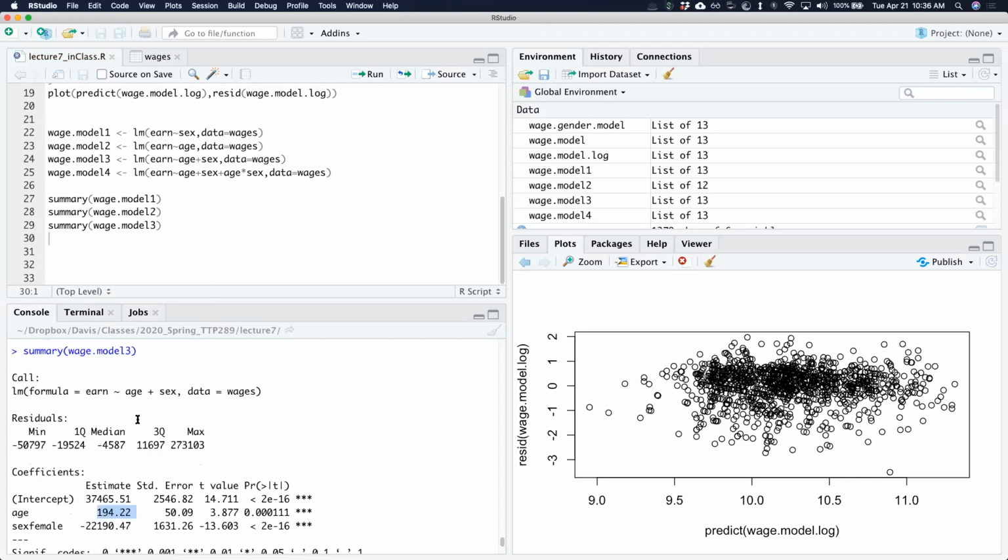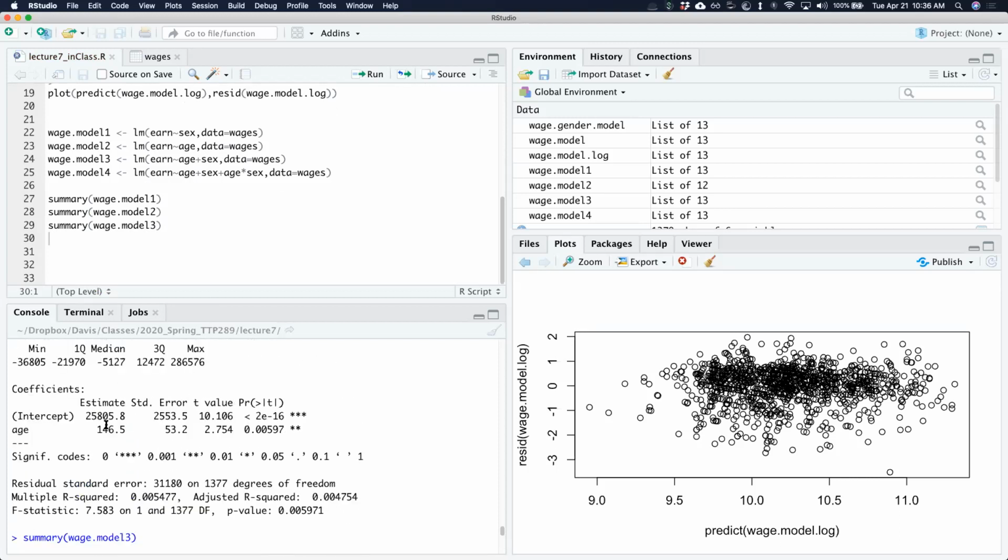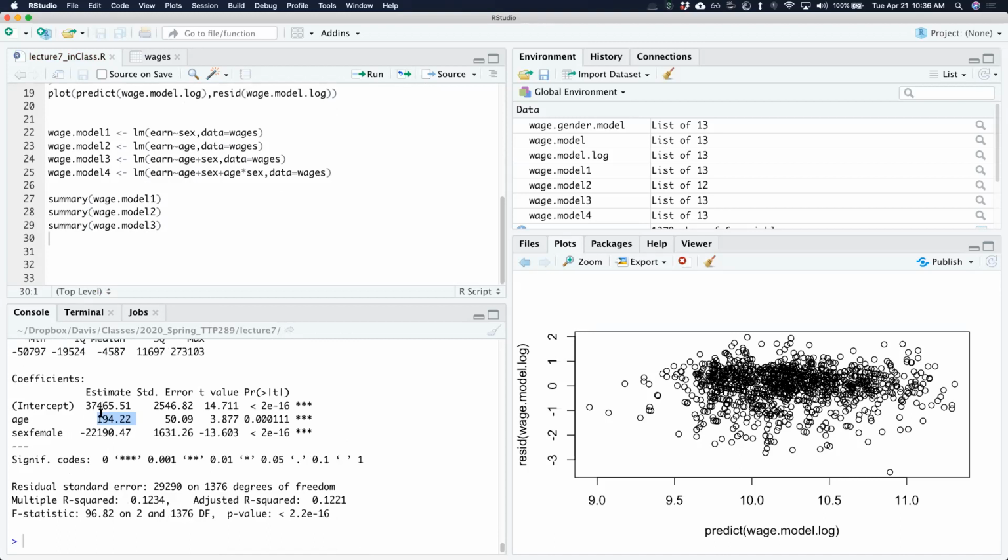So the slope is actually, is that pretty close? Yeah, it's a little higher. Slope is 194. And then you've got your 2 separate intercept points for male and then for female. Remember, again, it's additive to the base value. So a male on average makes $37,000. And then a female on average makes $37,000 minus $22,000.